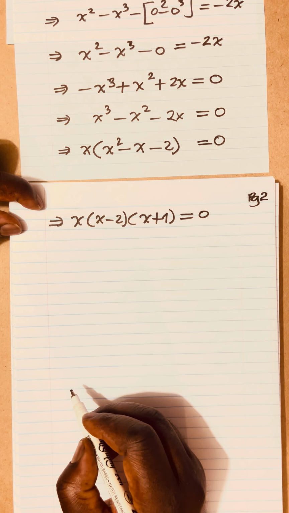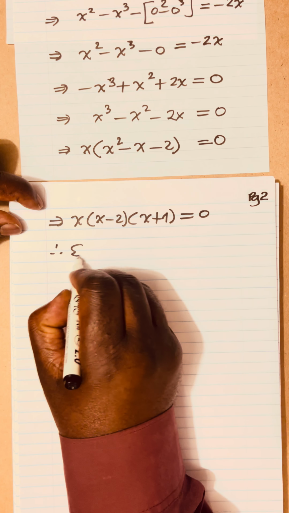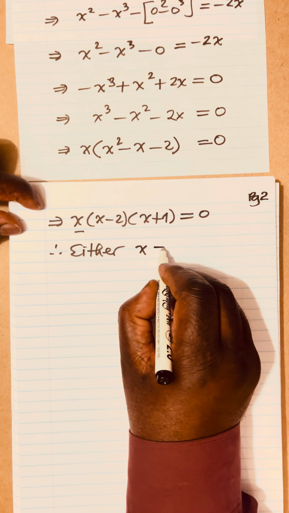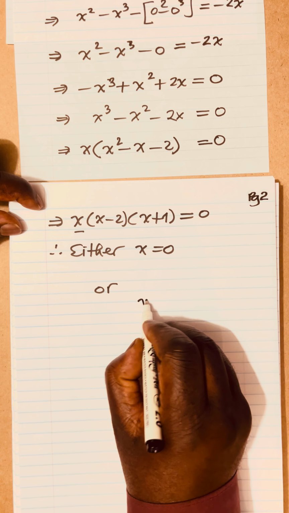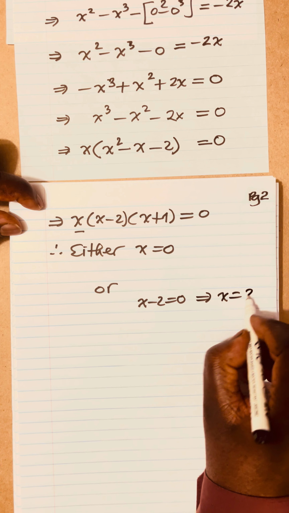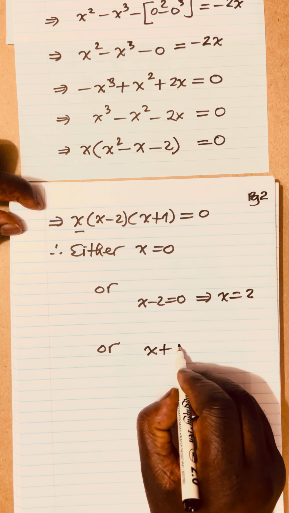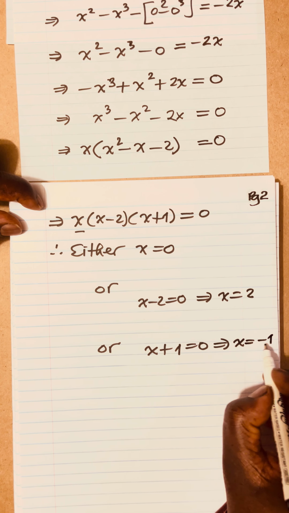to 0. Now when you have numbers like this multiplying, therefore we can say either the first part, x equals 0, or x minus 2 equals 0, which implies that x equals 2, or x plus 1 equals 0, which implies that x is equal to minus 1.